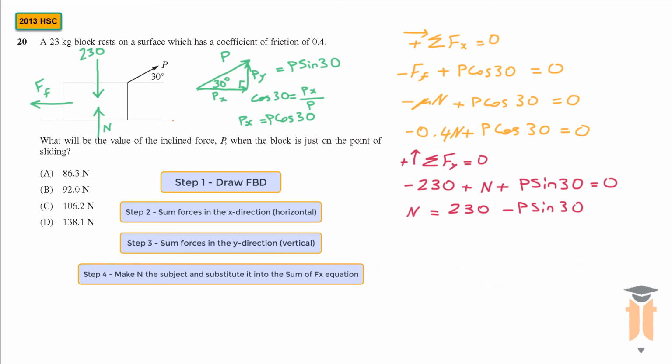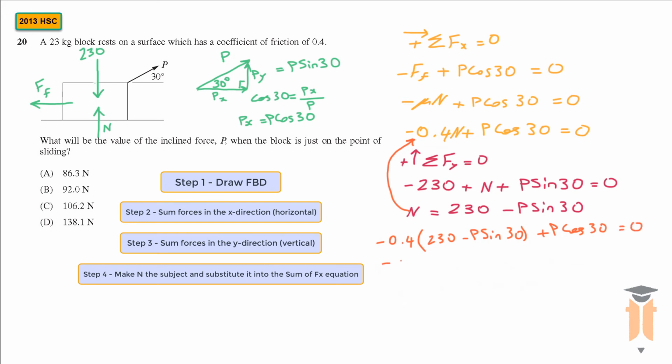Okay, so now we substitute our N equation into this equation here. So we have minus 0.4 times (230 minus P sine 30) plus P cos 30 equals 0.